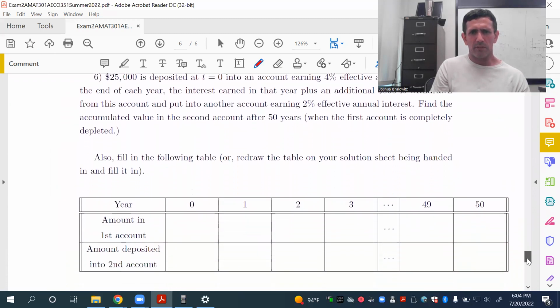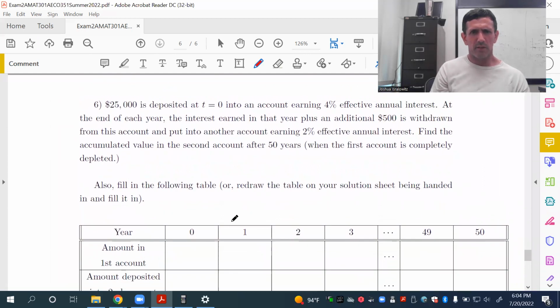All right, last but not least, like I said, I like these problems. So 25,000 is deposited at t equals 0 into an account earning 4% interest.